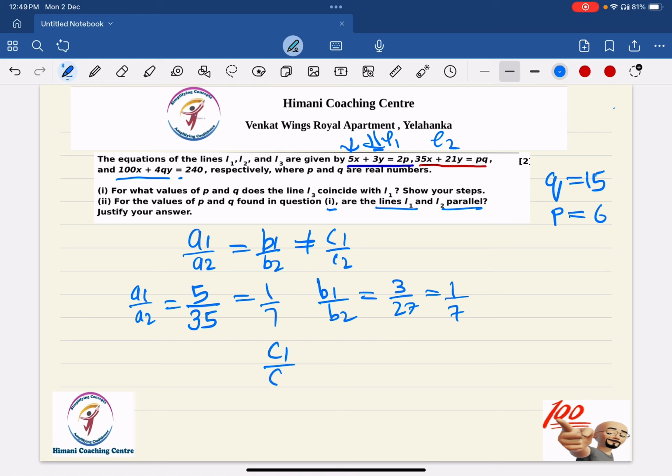So C1 by C2 is 2 times p, so 2 times 6, over C2 is pq, which is 15 times 6. So we get 2 by 15. So what are we finding? We are finding that A1 by A2 equals B1 by B2, which is not equal to C1 by C2. Therefore, the lines are parallel. And this is how we will explain in the exam.